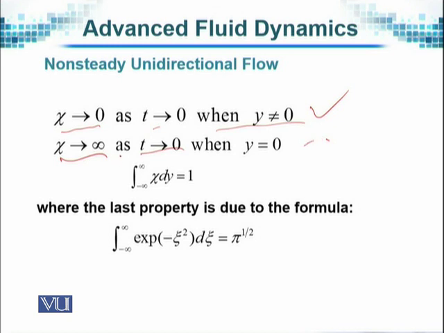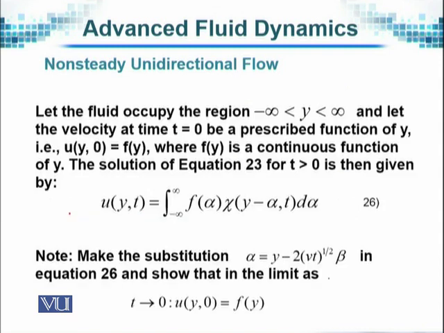And with the condition that we impose, that between minus infinity to plus infinity, the integral of chi dy is kept equal to 1. And the last property is due to the standard formula that we have in the solutions of partial differential equations that are given by this.